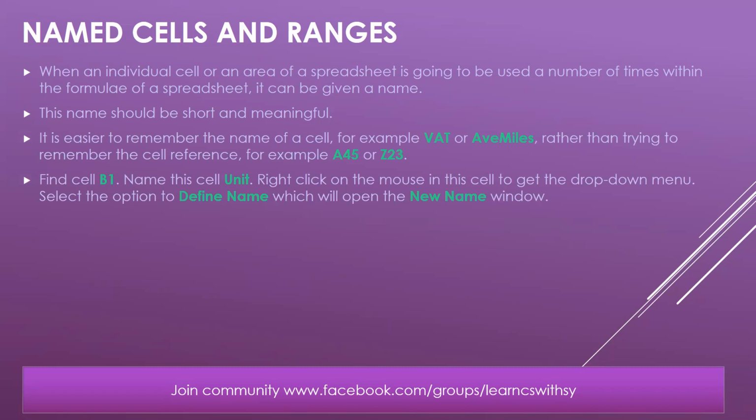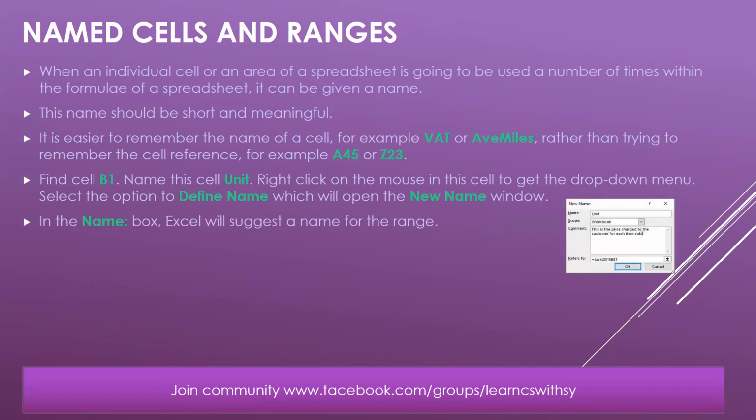How do we do it? Just as an example, you want cell B1 to contain the word unit. So you will simply right-click with your mouse on the cell and a drop-down menu will appear. And from there, you will choose the option define name.